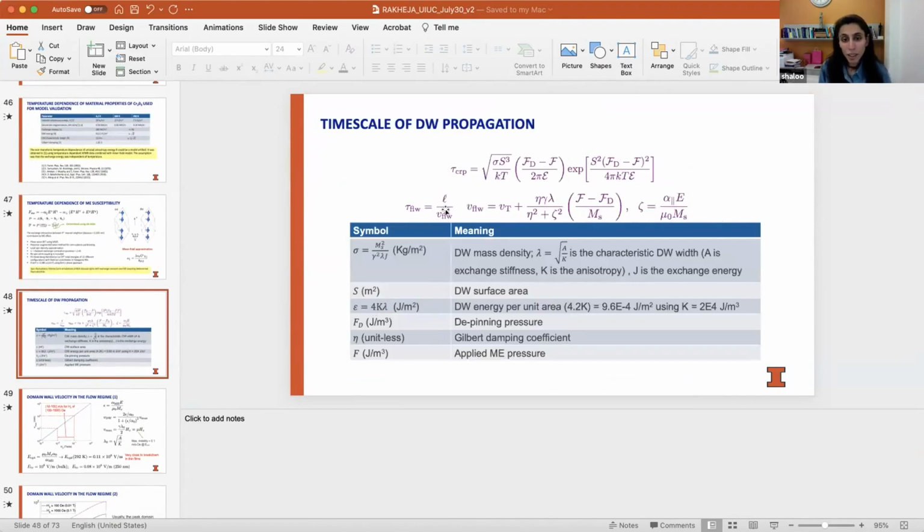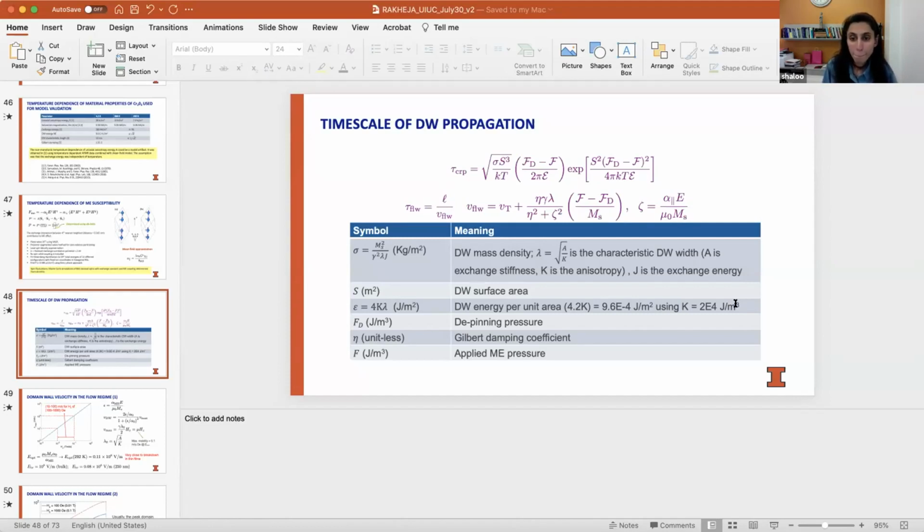So basically the domain wall velocity is modeled in terms of the material parameters as well as the external electric and magnetic fields. Over here, we do take into account the damping and the domain wall width, which in turn would depend on the anisotropy. The energy of the wall would in turn depend on the anisotropy and the domain wall width, and so on. So the model does include that.